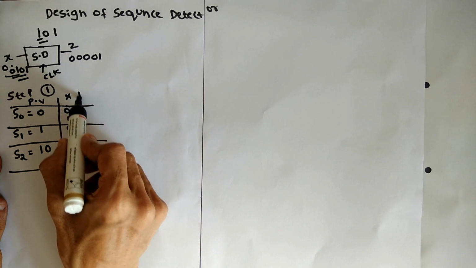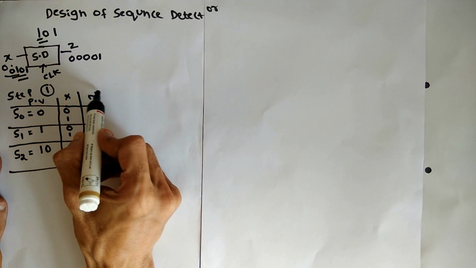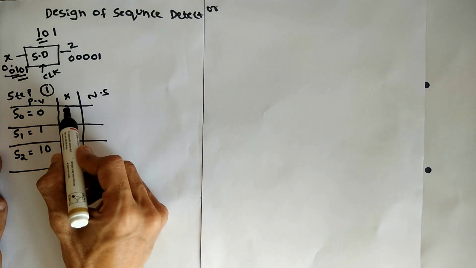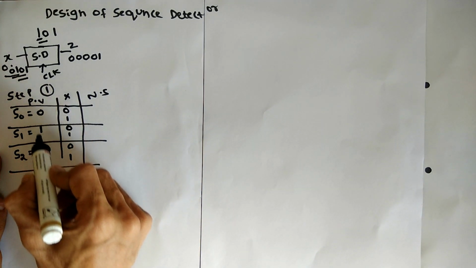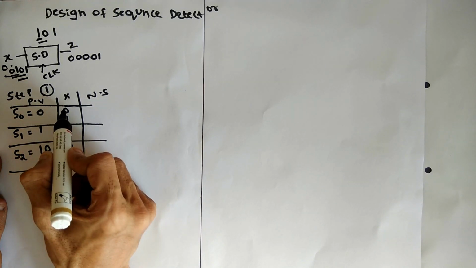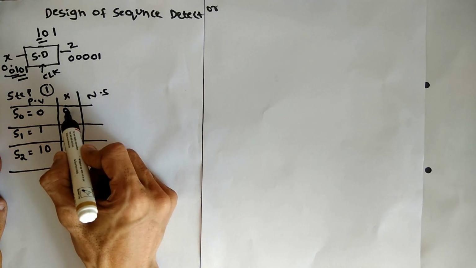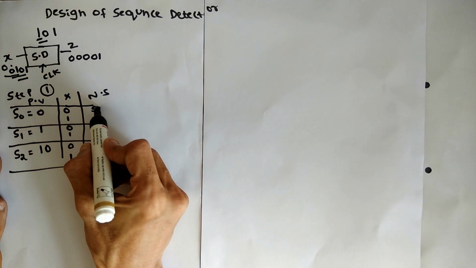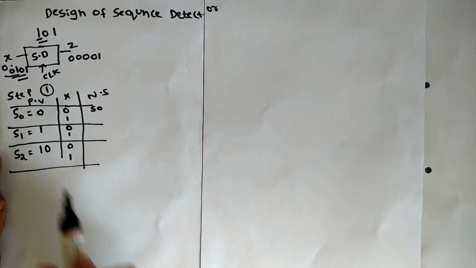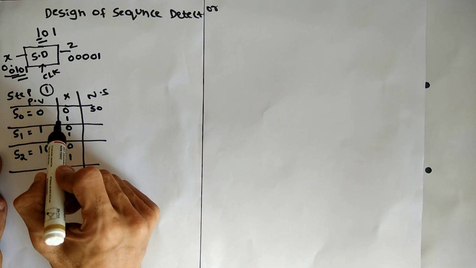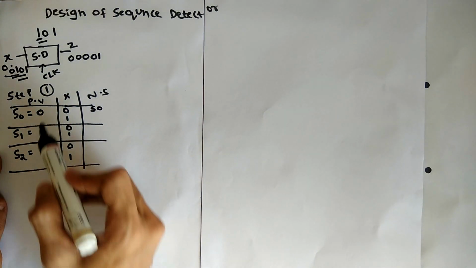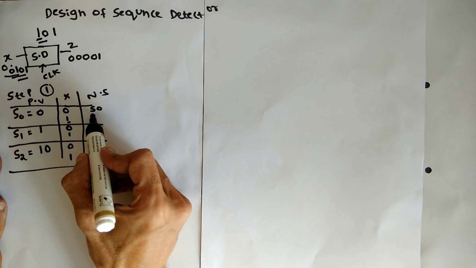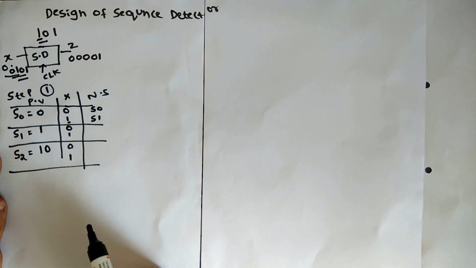Now let's discuss the next state. Check it here. From S0, with X as 0, we get 00. 00 is not in any state. If two bits are not there, go for the single bit. The single bit is 0, and state 0 is S0, so it goes to S0 when X is 0. When X is 1, it becomes 01. 01 is not in any state, so it will check only the last bit, 1. 1 is in state S1, so it goes to the S1 state.